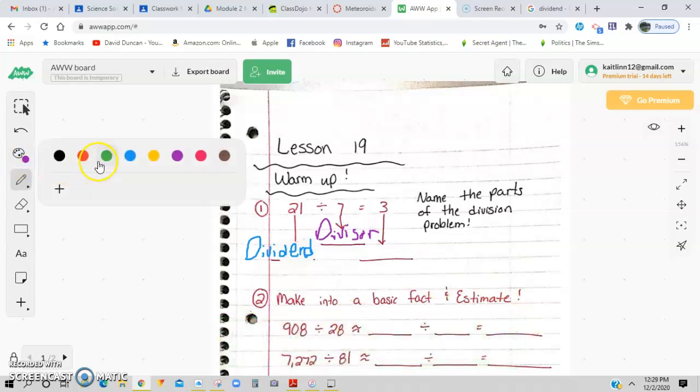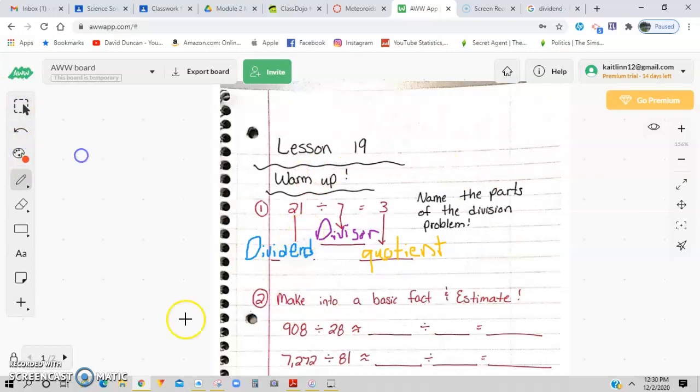And then last but not least, our answer to a division problem is called the quotient, Q-U-O-T-I-E-N-T. There we go. So as I'm speaking on our math lesson today, I'm going to be using terms like dividend, divisor, quotient. So it's really important that we have those vocabulary terms mastered.